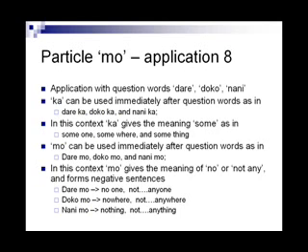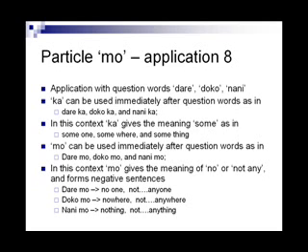We have seen question words dare, doko and nani, etc. These are used with the addition of ka at the end of the sentence to form questions that start with who, where and what.